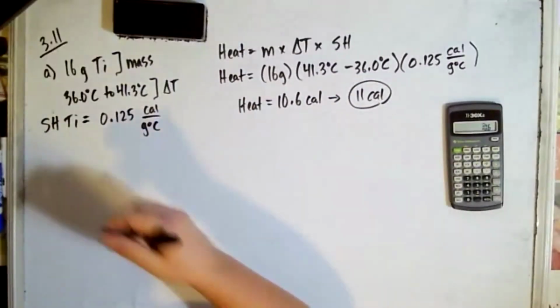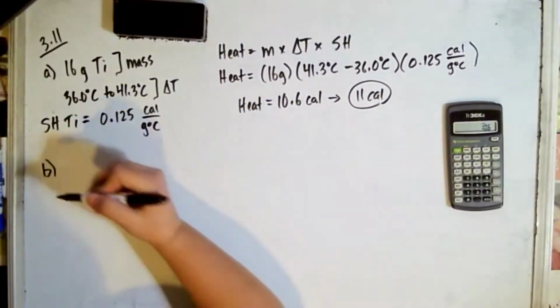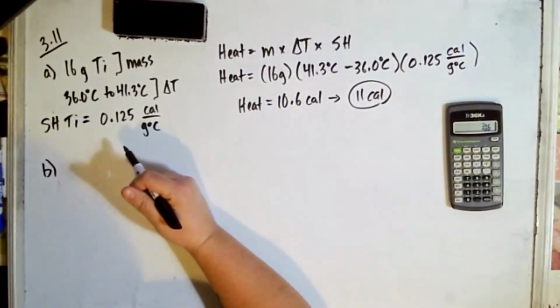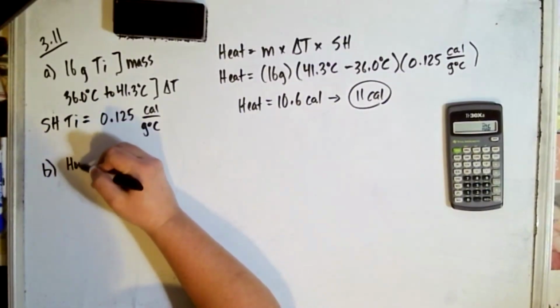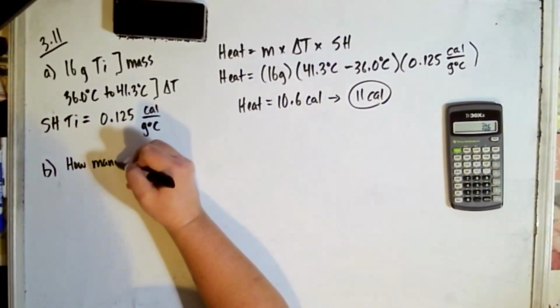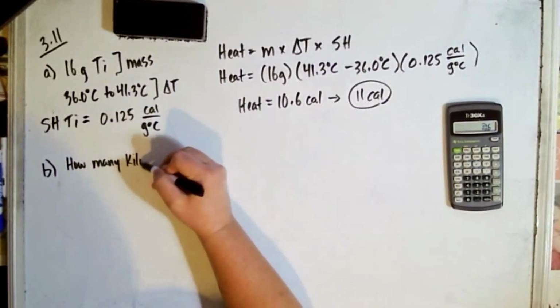Okay, and for example B, it says some cooking pans have a layer of copper on the bottom. How many kilojoules? So now they're asking us for kilojoules.